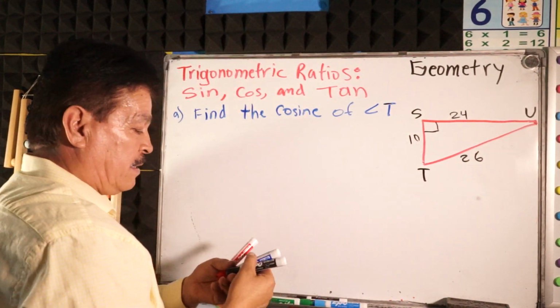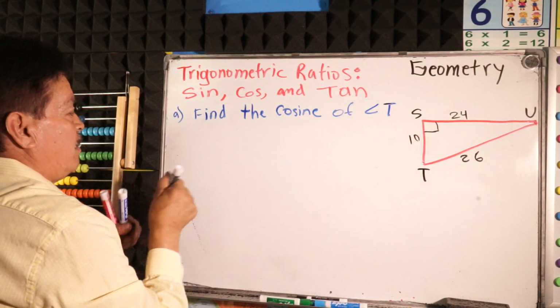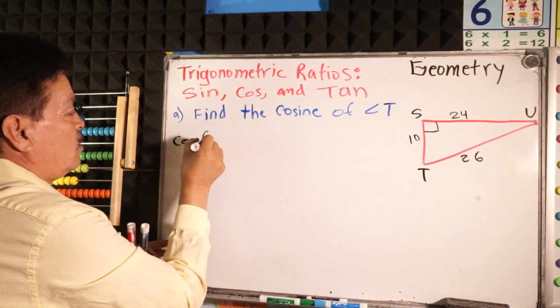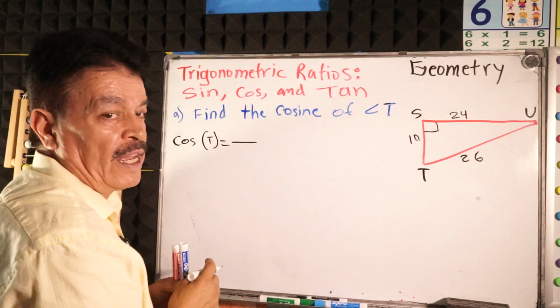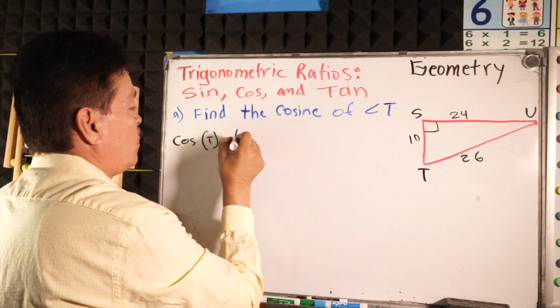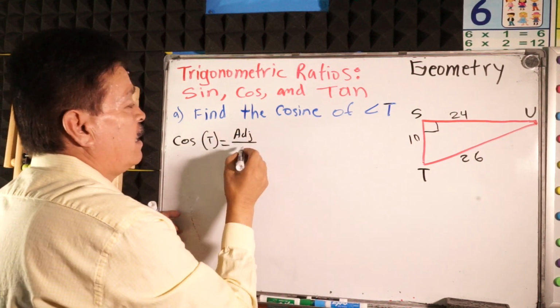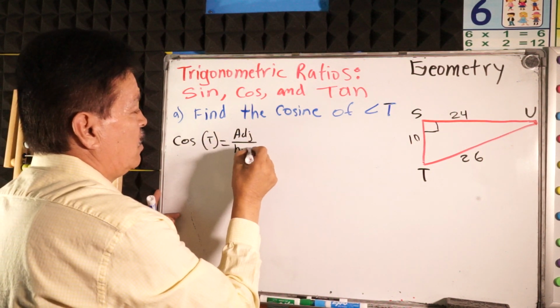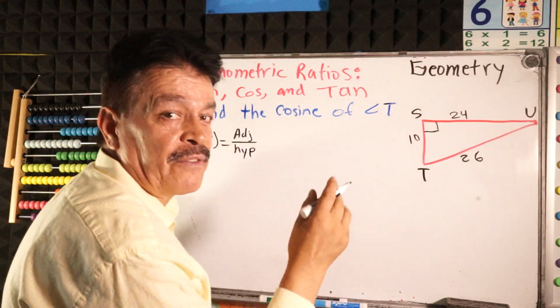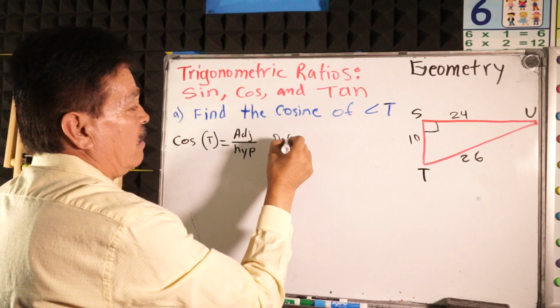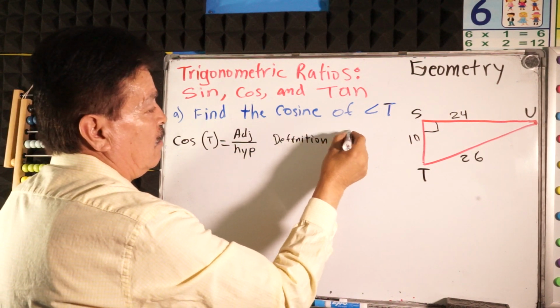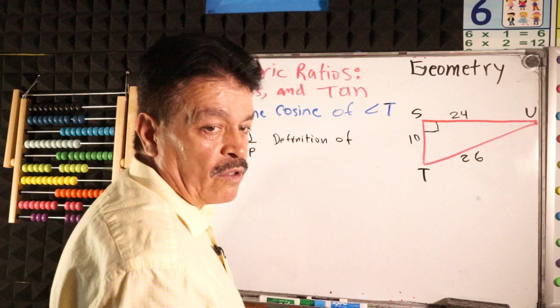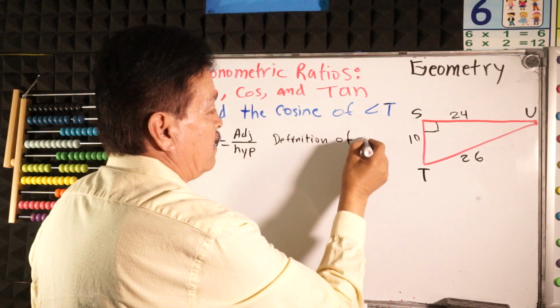Let's solve the problem. First step, cosine of angle T. Write the definition that I told you: the adjacent leg divided by the hypotenuse. This is the definition of cosine.